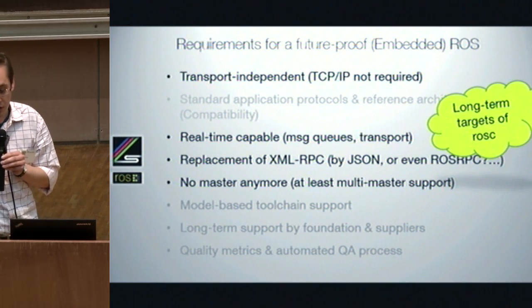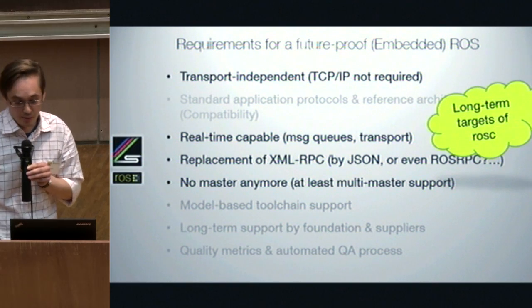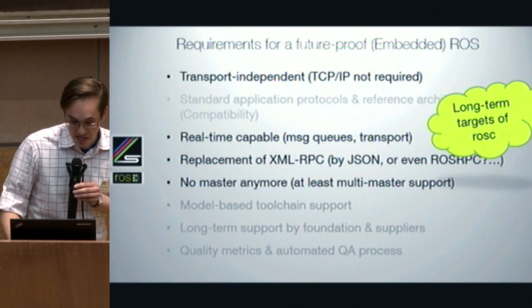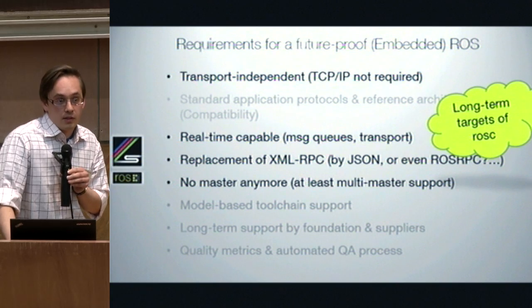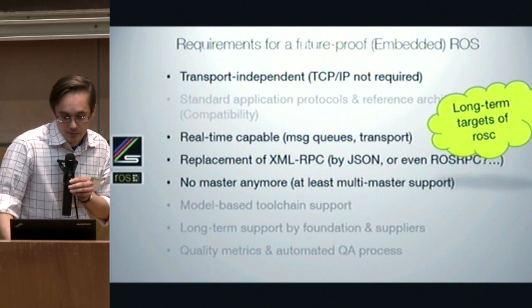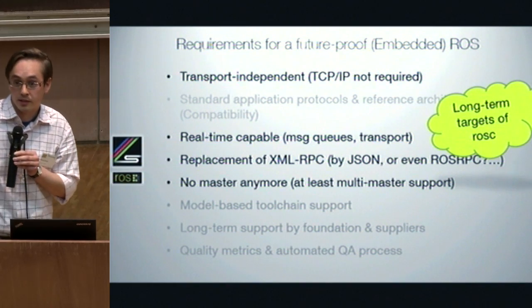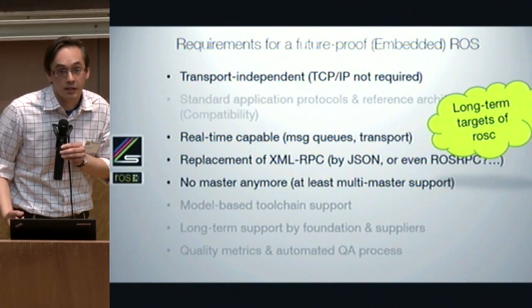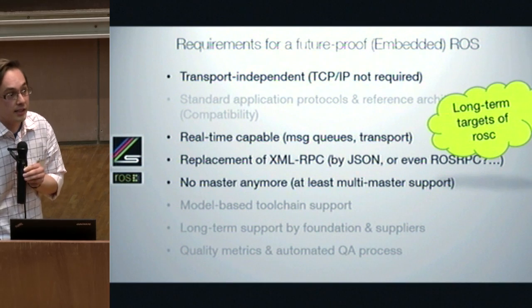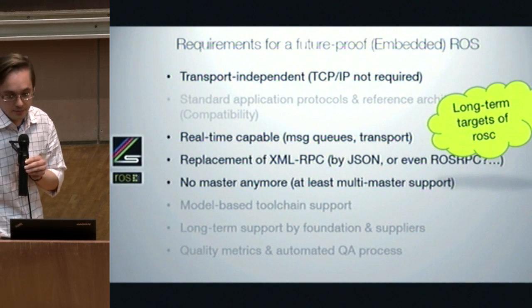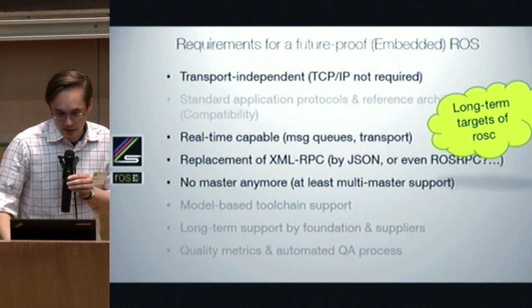We want to play around with replacing XML RPC by something else, want to evaluate master-free concepts, and want to make it transport layer independent, because you not always have Ethernet at your micro or distributed node. You also want to use CAN bus, EtherCAT, and probably even a serial link.